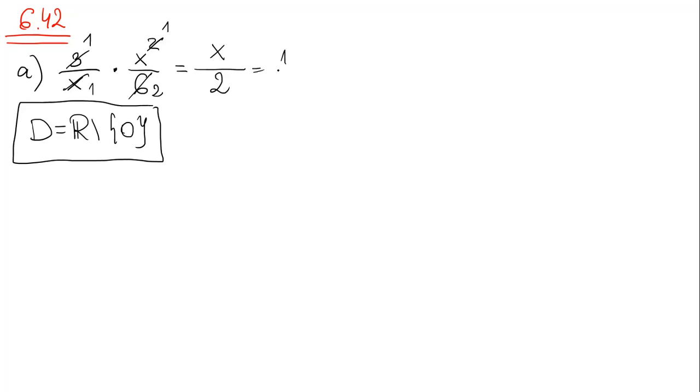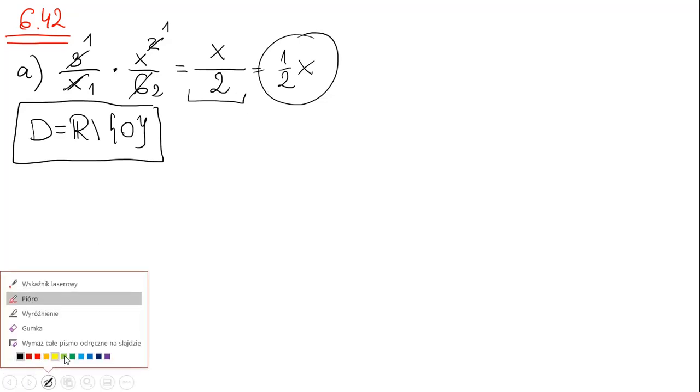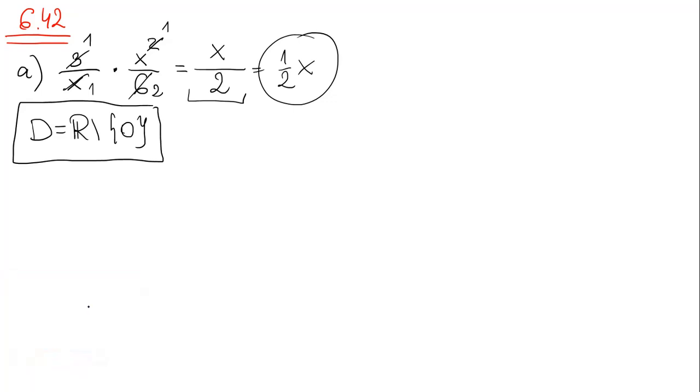Of course we can write it down as half x, but we work with algebraic fractions, so we can leave this fraction also. We don't have to change. Okay, so very simple at the beginning. Let's take the second one.